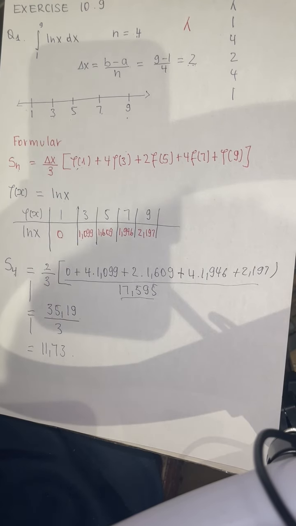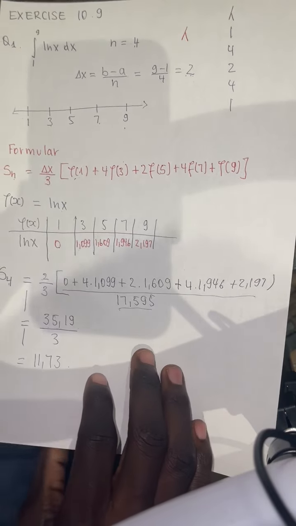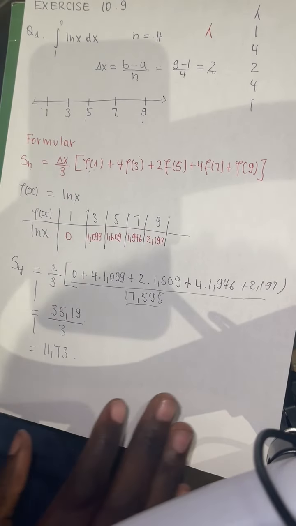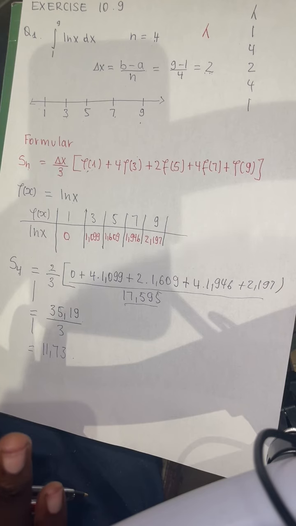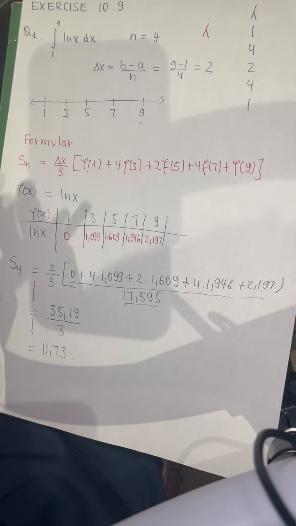If now you want another method, you're still going to find the same result. Let's see how you can find the same result. The same question, we are not going to use integration by parts. We're just going to use the same formula, but you can simplify it.